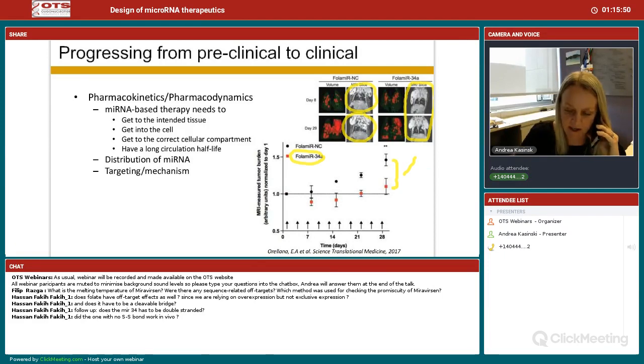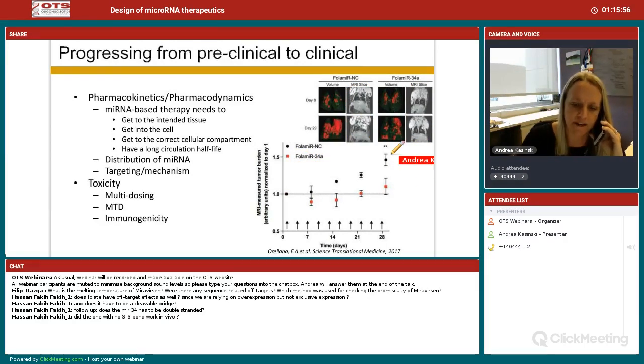And so it was pretty exciting, although we also have to think about toxicity here, and I can at least state that for the folate conjugates, we still have not been able to get these into a dose that's high enough to observe any sort of toxicity. But it's certainly important to continue trying to do that through multiple dosing studies, which we have yet to do for these, really important. We've only done single dose MTD.